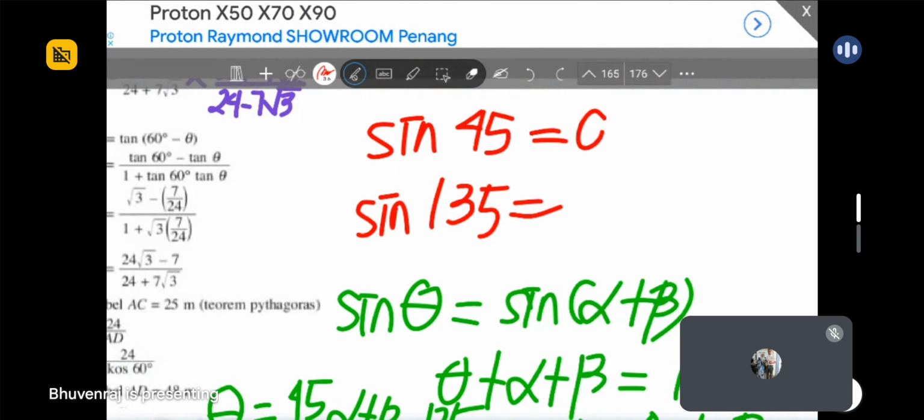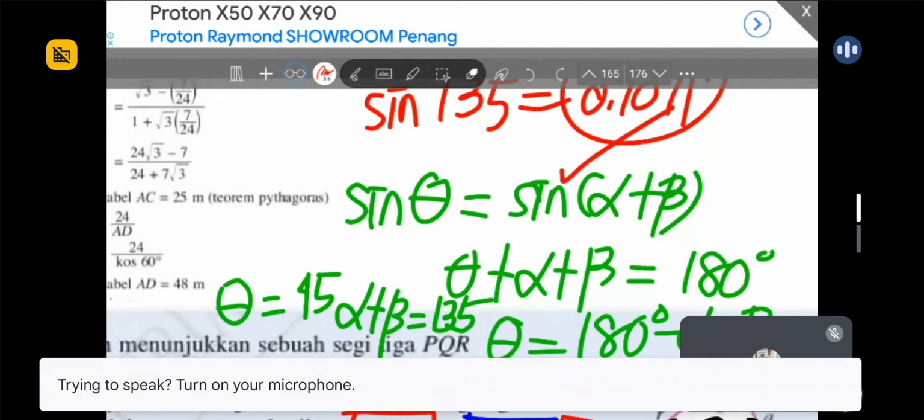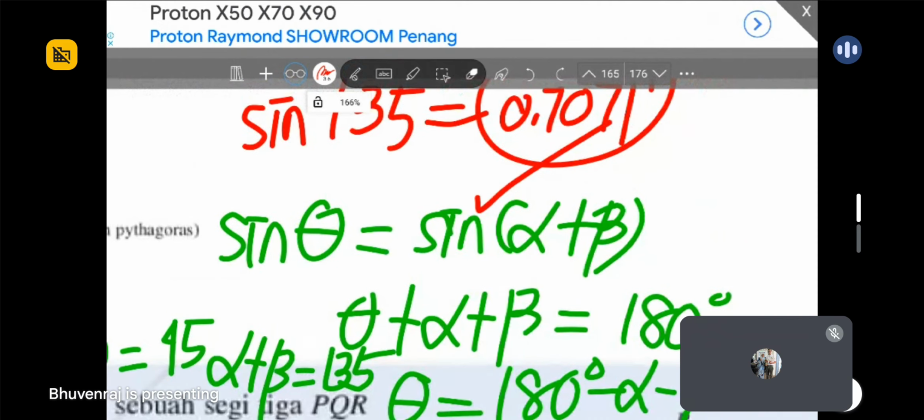Sine 45, 0.7071. Sine 135, 0.7071. So guys, are they the same? Adakah mereka sama? Confirm sama lah. It's definitely 100% equal. So that means this formula is valid. Yang ni adalah tepat.